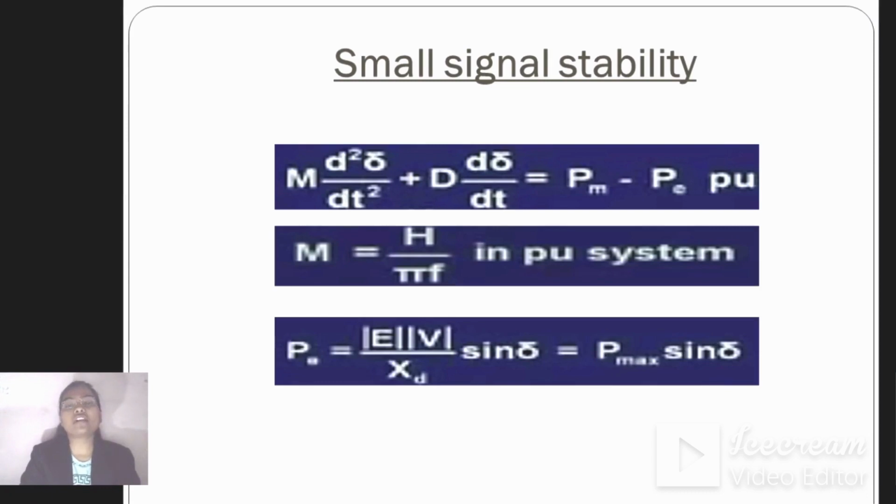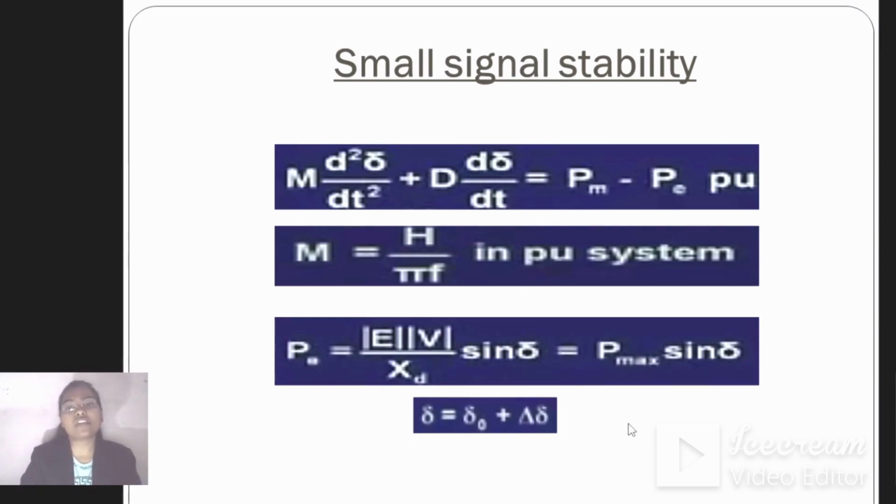Your electrical output power is the product of the internal and the terminal voltage divided by XD into sine delta. Taking the product EV by XD as P max, it can be written as P max sine delta.